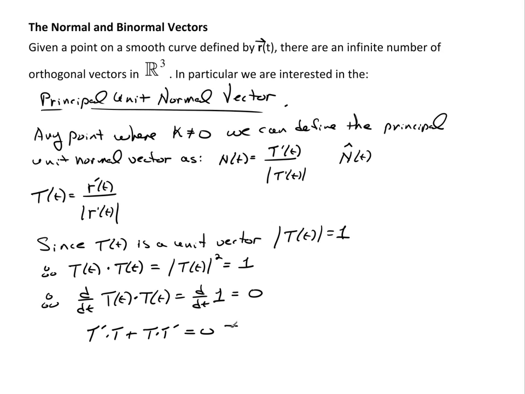These two are actually the same, so 2 times T dot T prime equals 0, which can only happen if T dot T prime equals 0. Therefore, since the dot product is 0, T and T prime are, in fact, orthogonal.